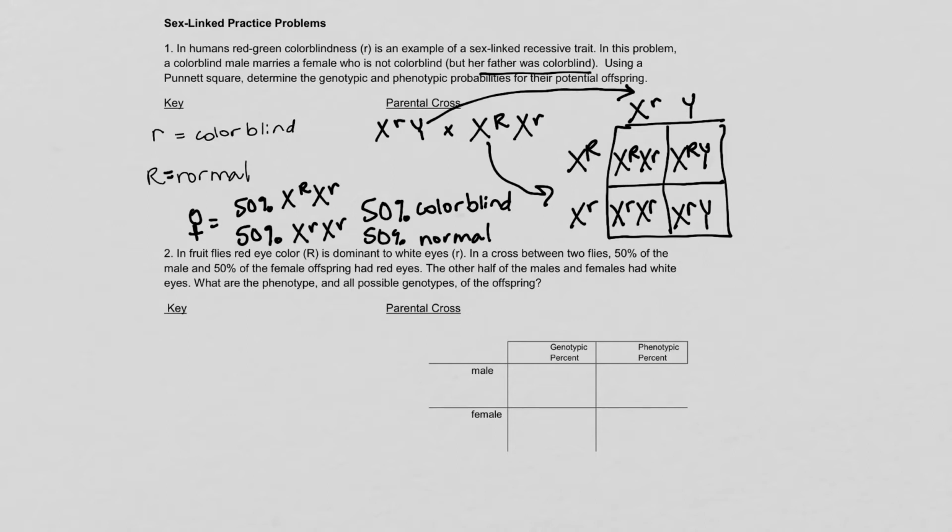For the males, which that's these two, we've got 50% that have the dominant allele, 50% that have the recessive allele. So it's going to be 50% colorblind, I'm going to abbreviate it for space, and 50% normal.